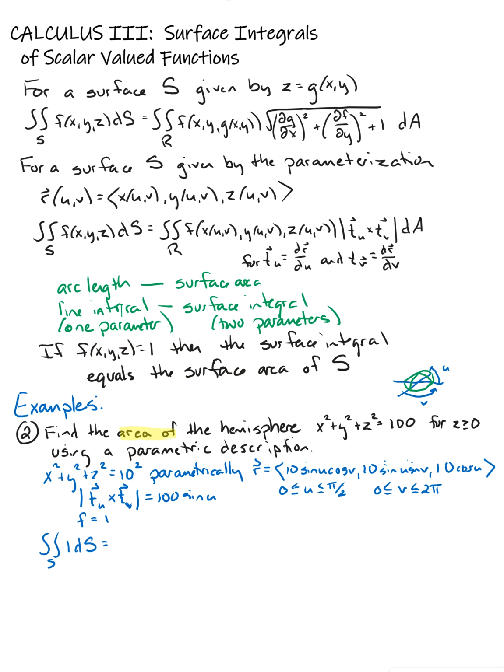That is the double integral. We'll do u on the outside, so u goes from 0 to pi over 2, and v goes from 0 to 2 pi. Our integrand, remember, is f times the magnitude of the cross product.